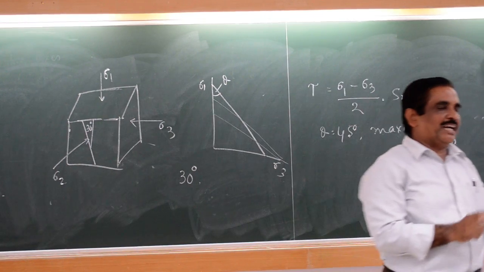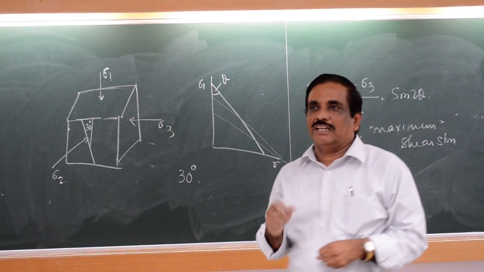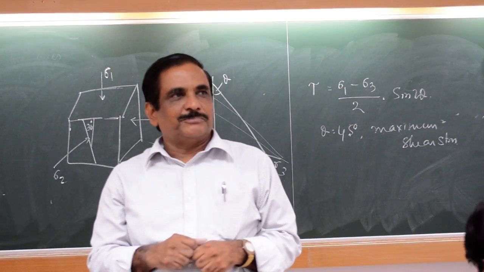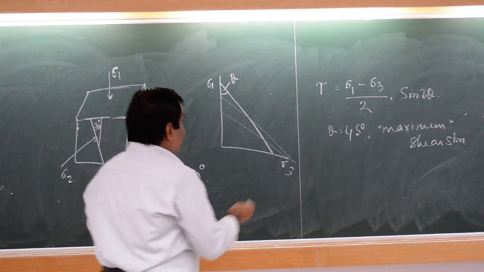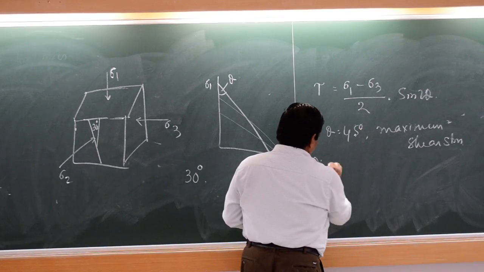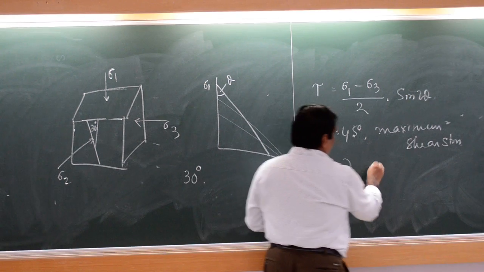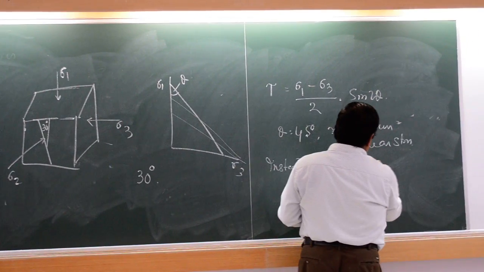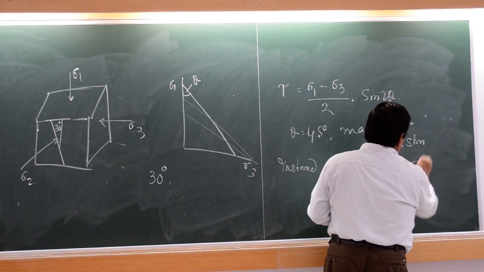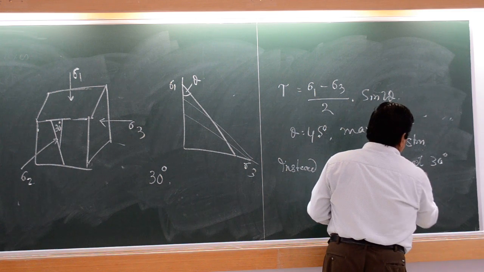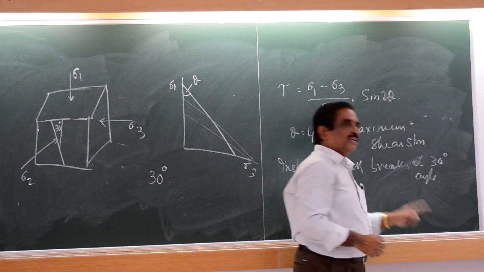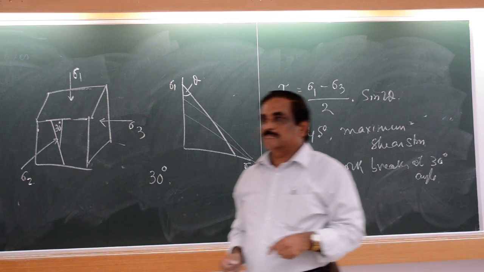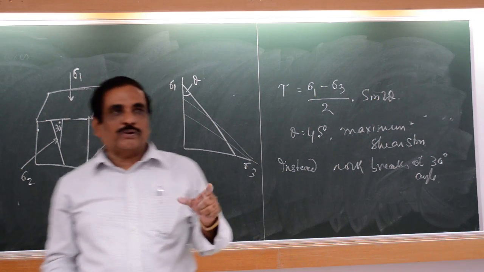Understood ना? But 30 degree में maximum shear stress नहीं होता है. This is his observation. What he observed? Instead rock breaks at 30 degree. To follow this point, na?